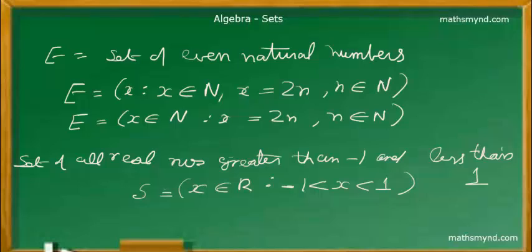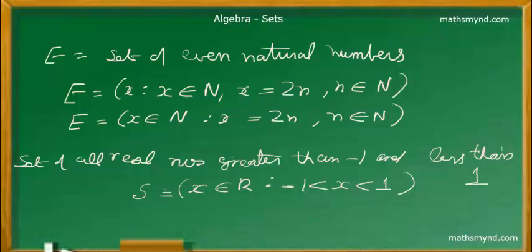Of course, we are taking x from the set of natural numbers, and what is the specific character? The specific character is that it's a multiple of 2. And n denotes a particular number, in a manner an arbitrary number. So you are writing it as 2n. So it simply means that you have to point out what n is belonging to. So n is belonging to capital N, that's the set of natural numbers.